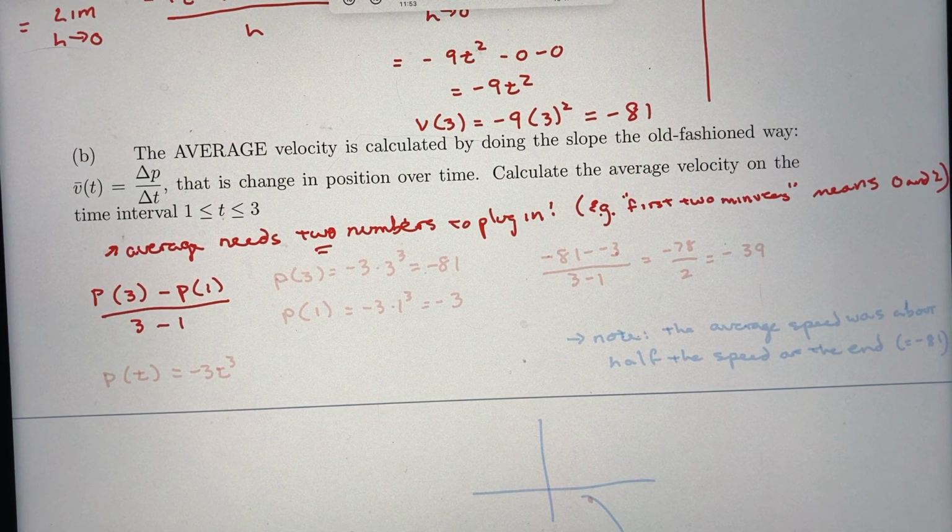What is P of 3? Let's see. Remember we, sorry.